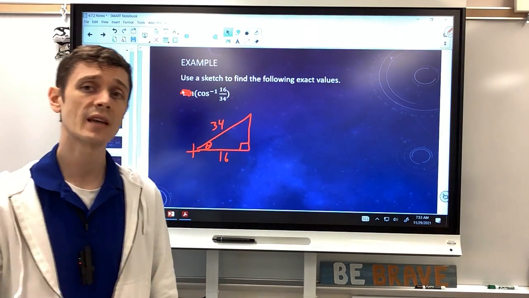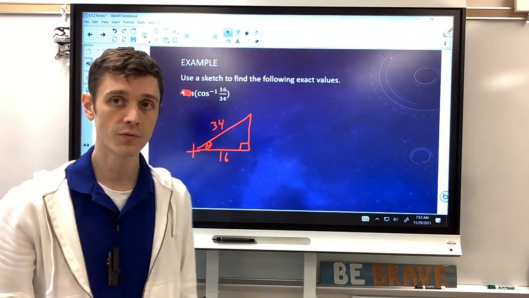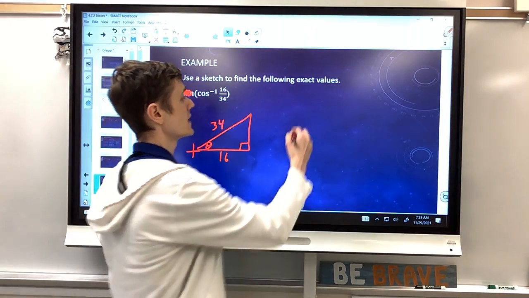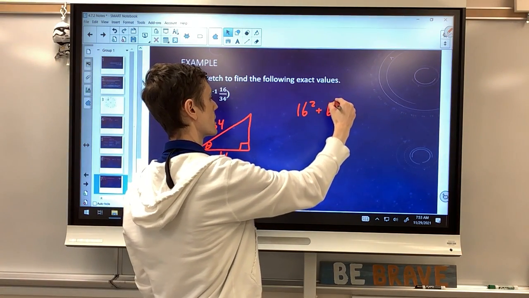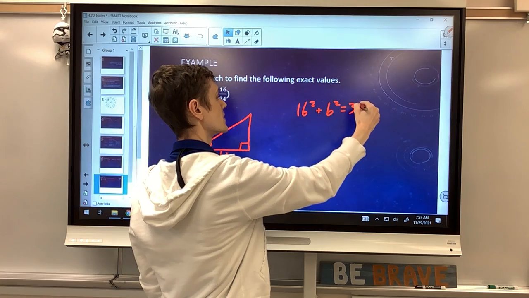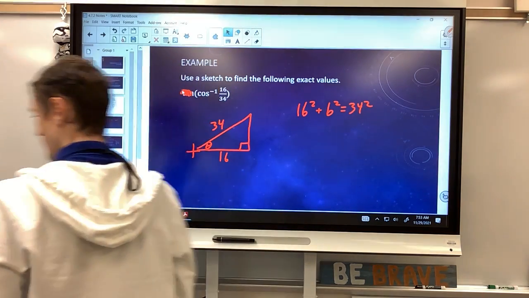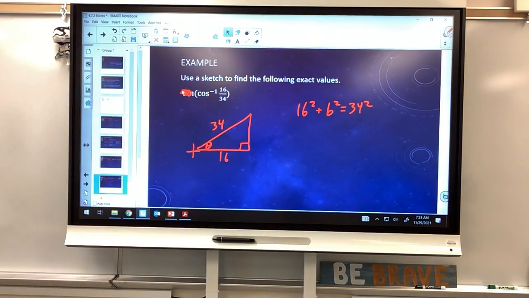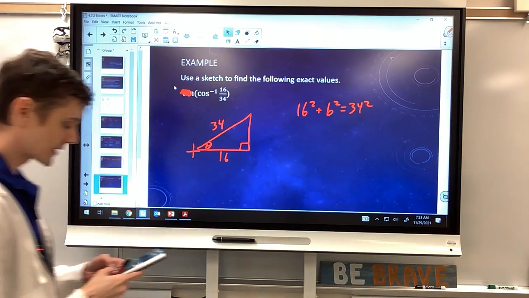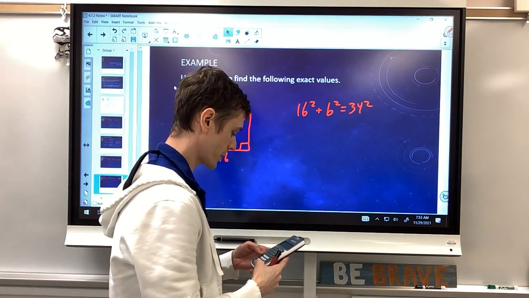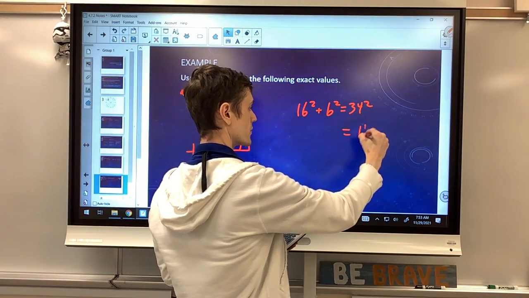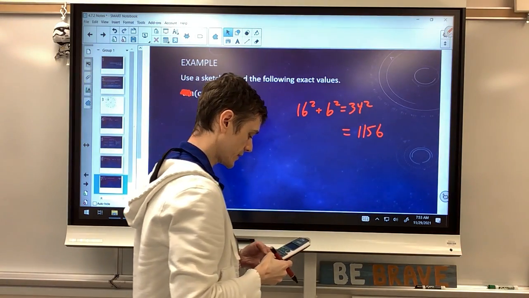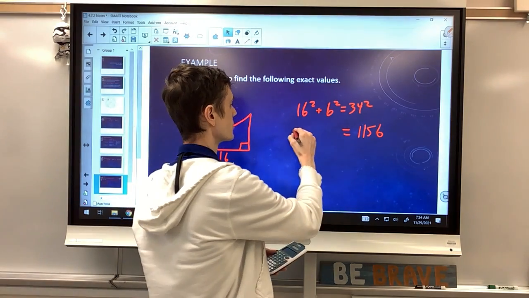Well, in this case, I now know two sides of the right triangle, so what I can do is evaluate. I can do a squared plus b squared equals c squared, and then we're going to need to subtract that number over. So if I take a calculator here, 34 squared is going to give me 1,156. 16 squared gives me 256.